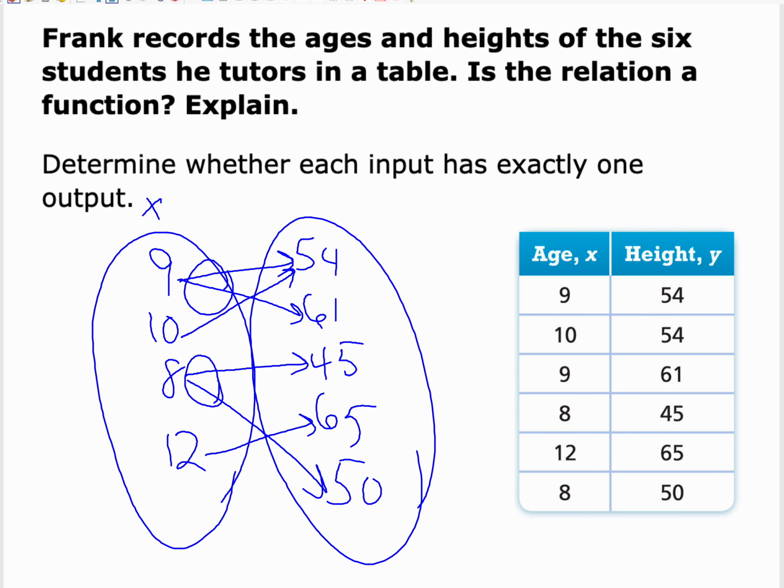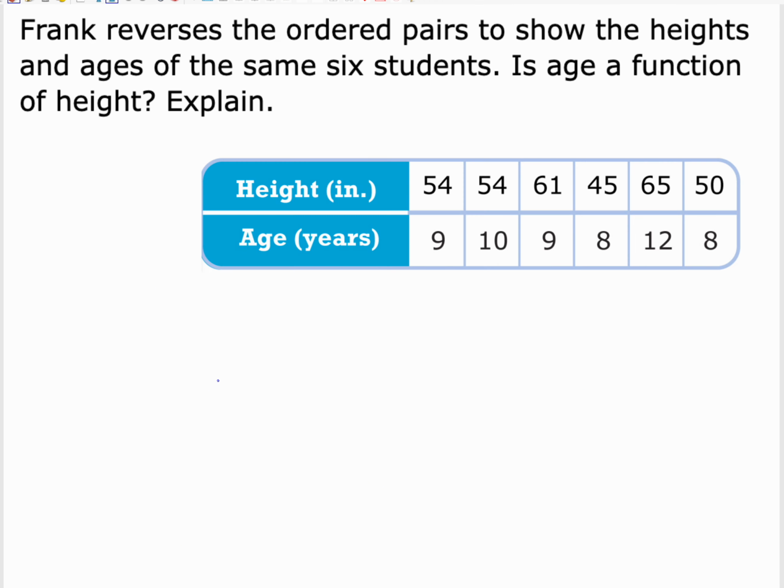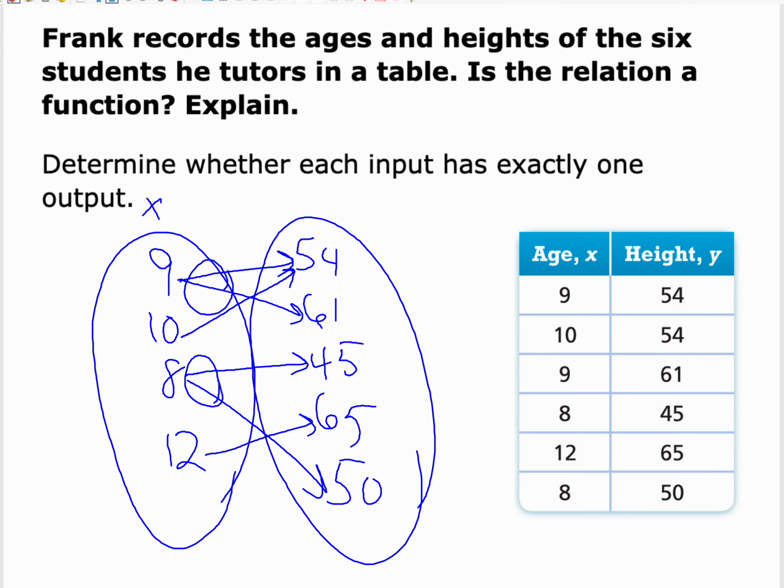Now then, what if he takes the same numbers as were on this one, and we reverse the input and output? We make the input the output, and the output the input. We're just going to switch boxes.